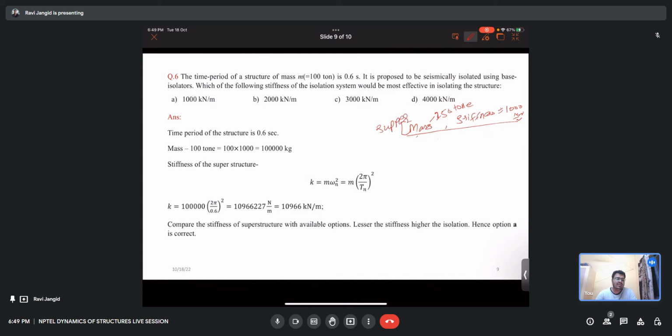Then we calculate the time period, let us say it comes to around 1 second.